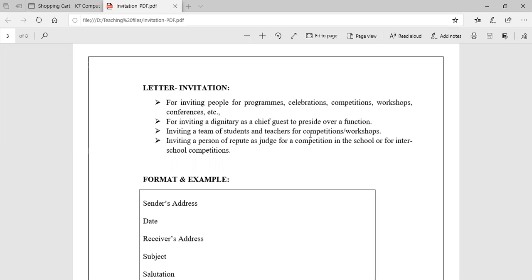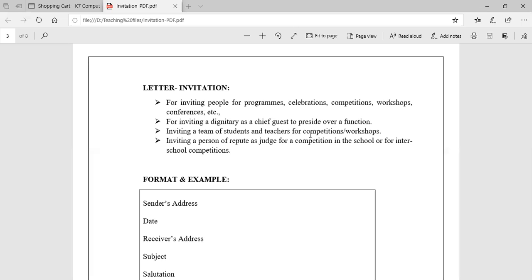And for inviting a dignitary as a chief guest to preside over a function. That means we are asking them to conduct. They are the best one, the first one, the special one in the program. He or she has to deliver a speech or do a demonstration or whatever it is.